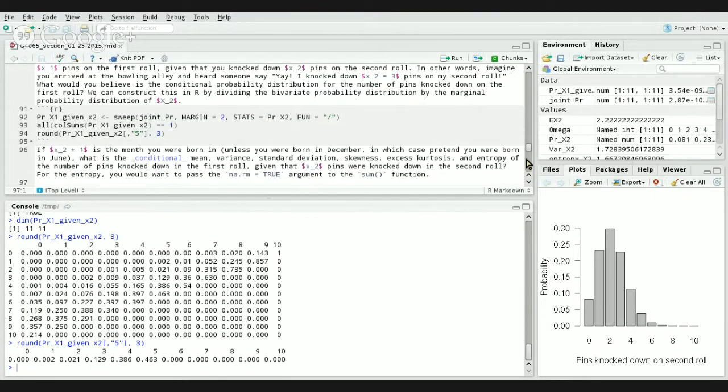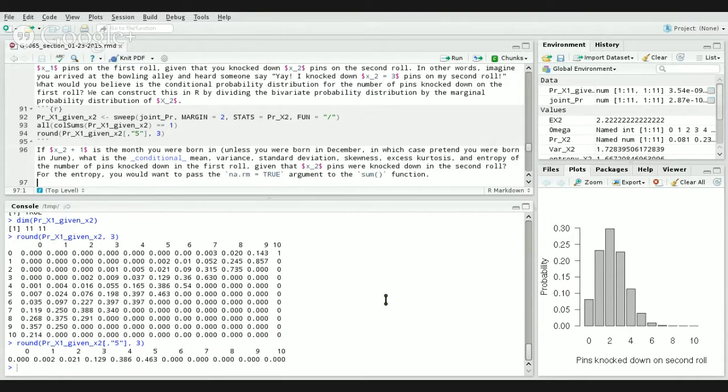Here we want to calculate the expectation of various functions of the number of pins knocked down on the first roll, given that x2 pins were knocked down on the second roll, given that x2 plus 1 is the month you were born in, unless you were born in December. So you should pause the video now to see if you can obtain those conditional expectations.